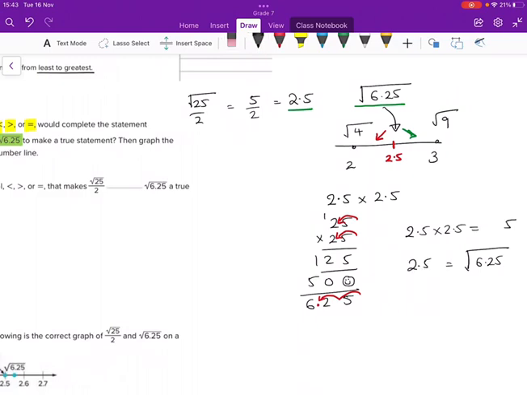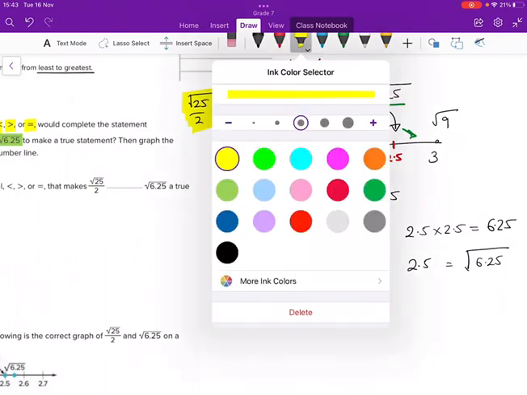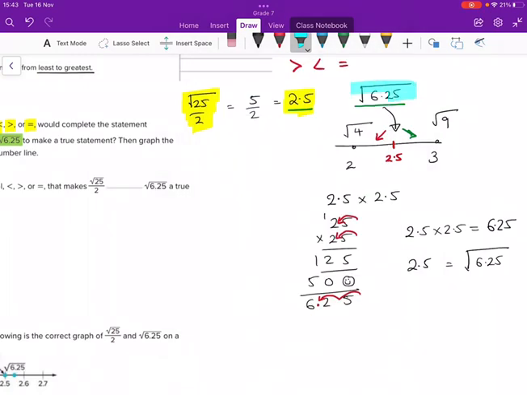Now let us compare, let me just rewrite this, let us compare what we have here. We had the square root of 25 over 2, which was exactly 2.5, and I needed to know, is it bigger than, less than, or equal to the square root of 6.25? Well, I found that the square root of 6.25 was exactly 2.5.